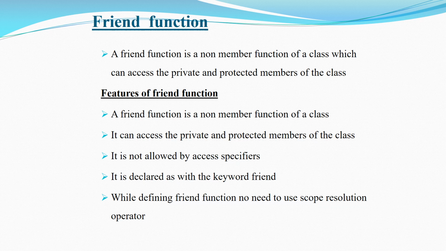While defining a friend function, there is no need to use the scope resolution operator. Why? Because we can directly access it like a normal function. I hope you now have an idea of what a friend function is, and we'll see still more features in the next slide.